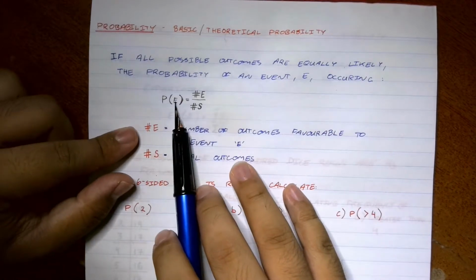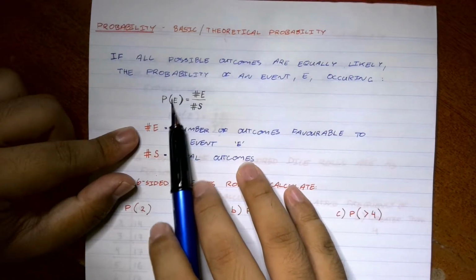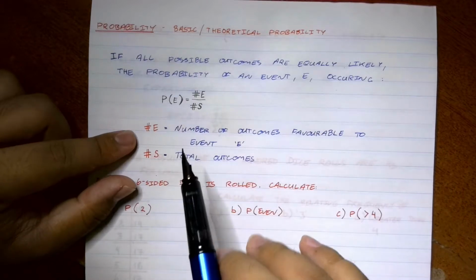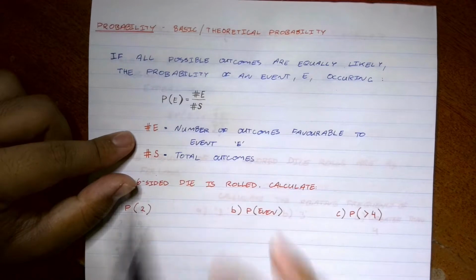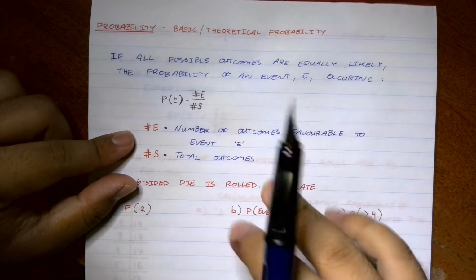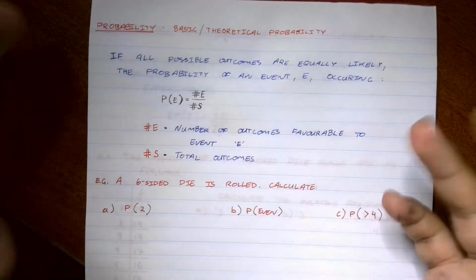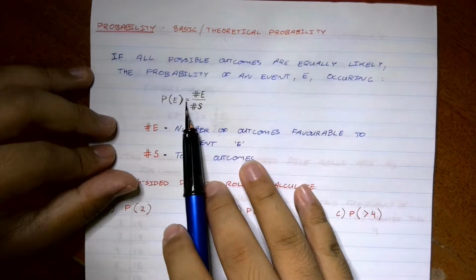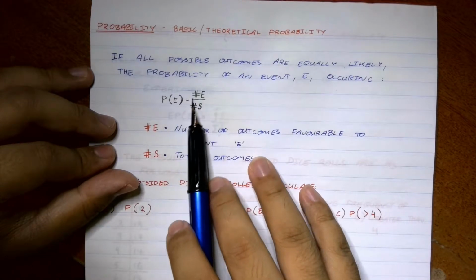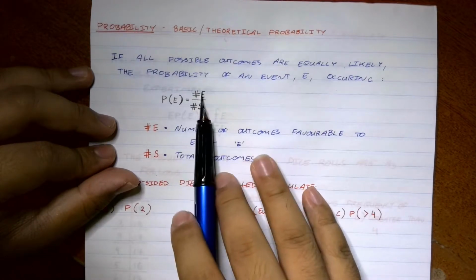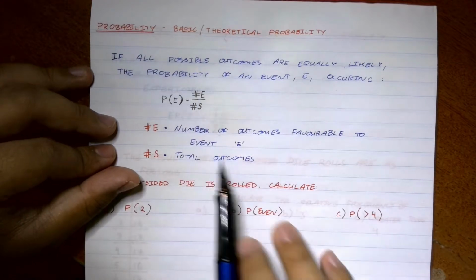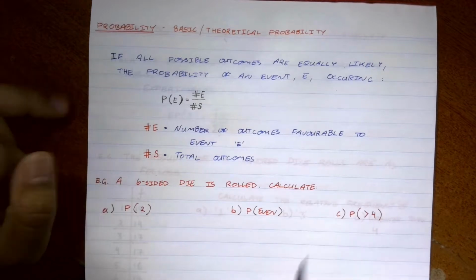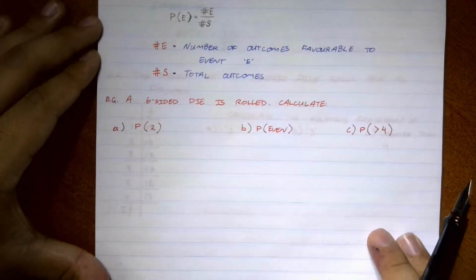The probability of E, where E might be indicated as the rolling of a 1, or getting a heads, or picking a red ball out of a bag of balls, or whatever it might be, is calculated by the number of outcomes favorable for E over the total number of outcomes, written as here. And the best way we can do this is to do the following example.